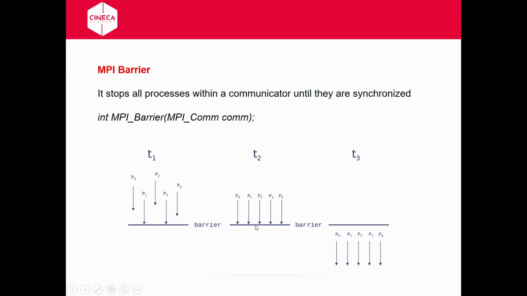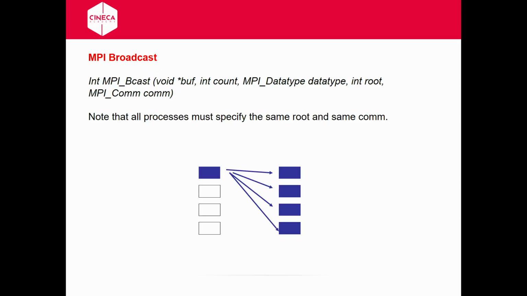When all the tasks have arrived at the barrier, and only after that, the program can go on. And this is the first synchronization operation.